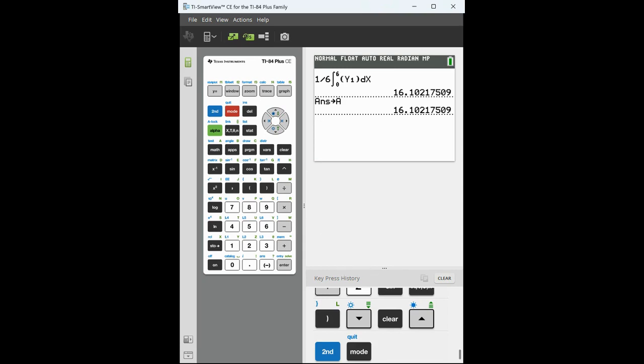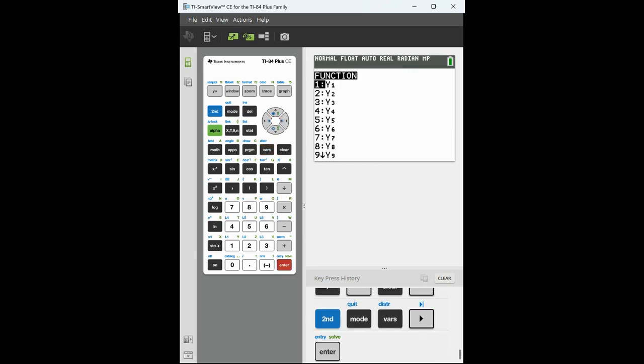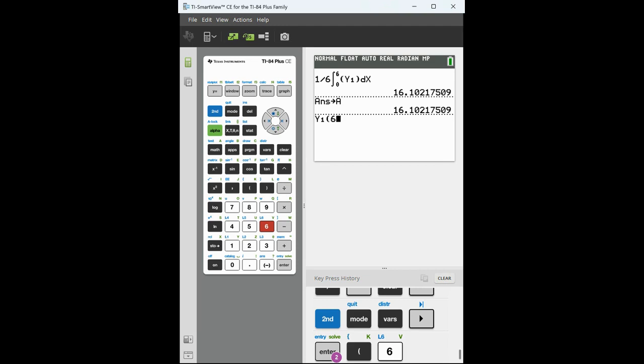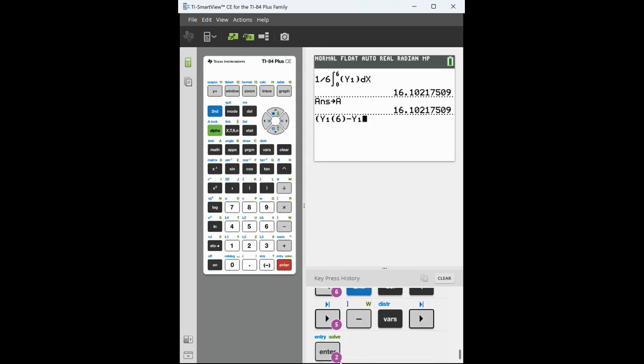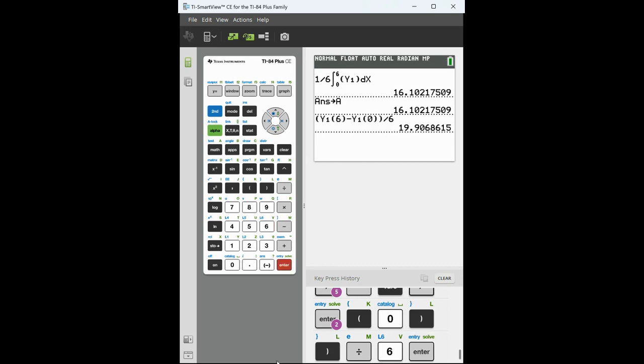And for this, what I'm going to do is, remember, it's S of 6 minus S of 0 divided by 6 minus 0, so that's 6 equals. All right. Now, this is the average velocity. So Varog's average velocity is 19.907 miles per hour.